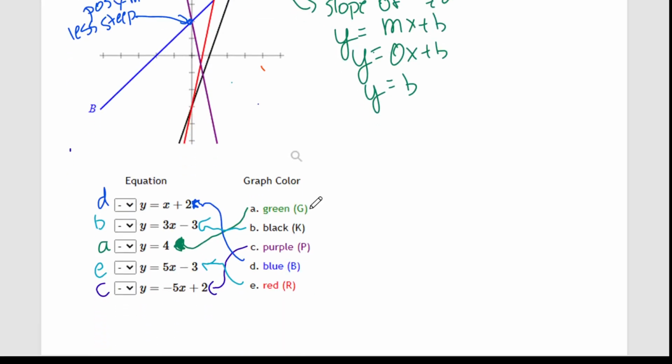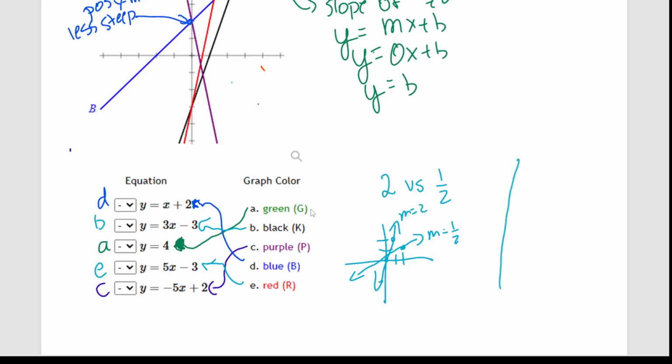Now, how did I know about the steepness of the slopes? Well, let's consider the slopes 2 versus 1/2, for example. For 2, we're going up 2 over 1, versus 1/2, we go up 1 over 2. So this is a slope of 1/2. This is a slope of 2. It physically looks like as the slope gets bigger, you're going to get closer and closer to a perfectly vertical line.